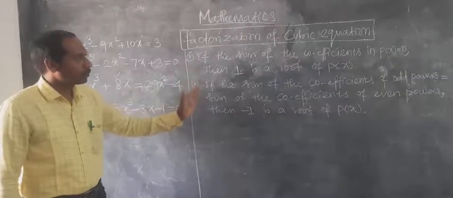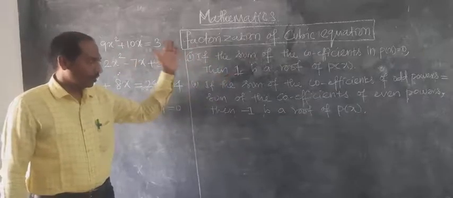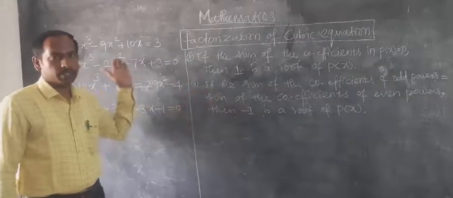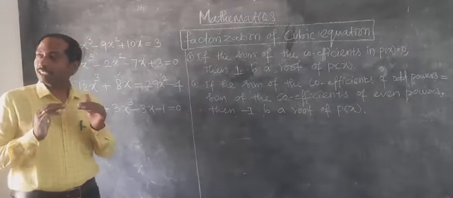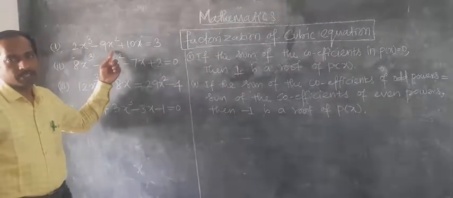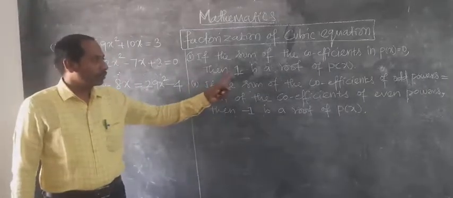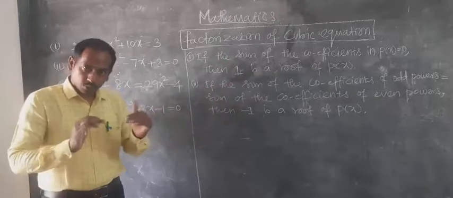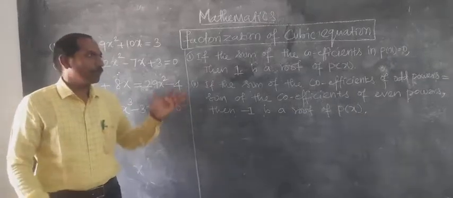If it is suitable to the equation, you can say 1 is a root for this equation, otherwise minus 1 is a root. So the power is 3, which means you want to get 3 roots in the polynomial or in the equation. First we want to check whether 1 or minus 1 is a root, or 2 or minus 2, or 3 or minus 3 is the root. We want to check it.